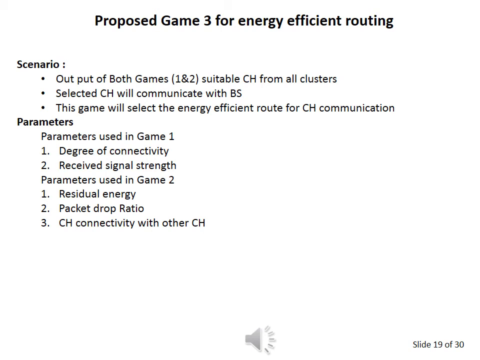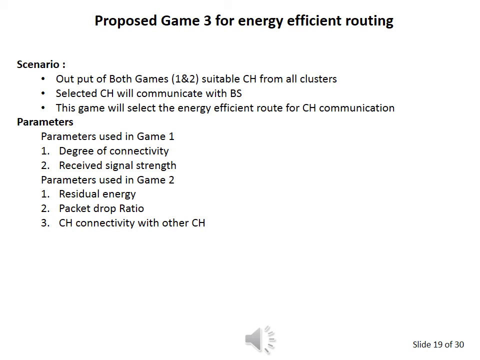Okay, so the parameters used in game 1 were the degree of connectivity and received signal strength, and the parameters used in game 2 were residual energy, packet drop ratio, and cluster head connectivity with other cluster heads. Dear students, you can also add some more parameters to make our method more intelligent.